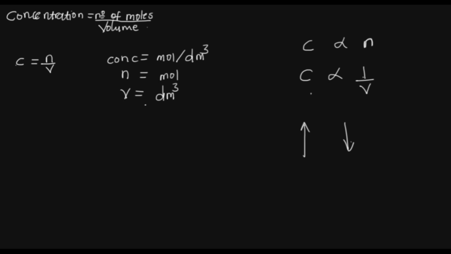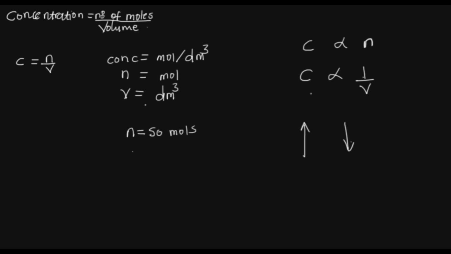Okay, let's look at this point mathematically. For this one, we are going to assume that the number of moles stays the same. So let's say we have 50 moles.